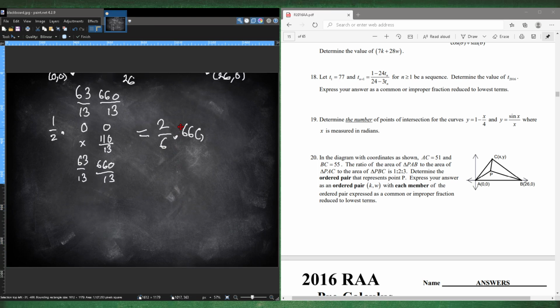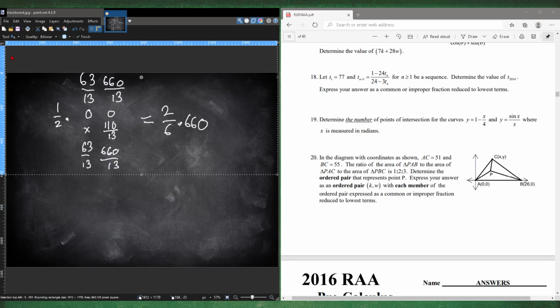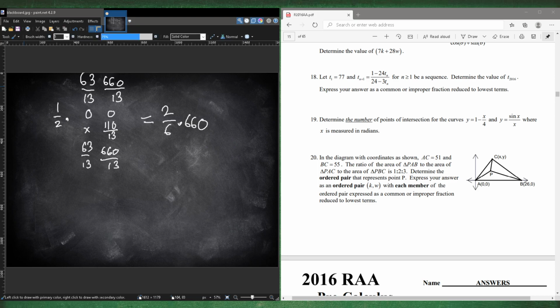So let's just move this up. Remember, we just need to find x, and this will give us our coordinate. So a 2 by 2 matrix, 0 times 63 over 13, that's just 0. And then 0 times 660 over 13, so that's minus 0. 110 over 13 times 0 is 0, minus x times 0 is 0.